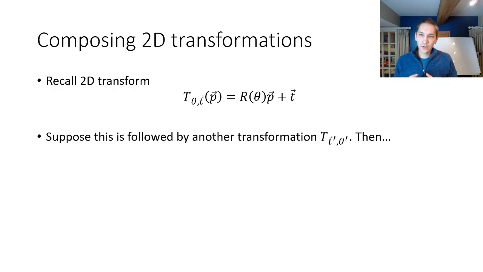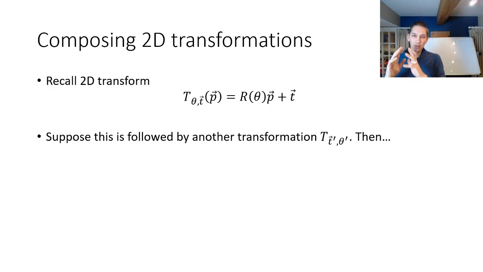Now let's suppose that that transform is then followed by another transform. So my head has now moved to another location from its reference point. So if we're to compose these two together, what do we get? Well, the result of the point from the first transform becomes the local coordinates of the point for the second transform. So this is a function composition.